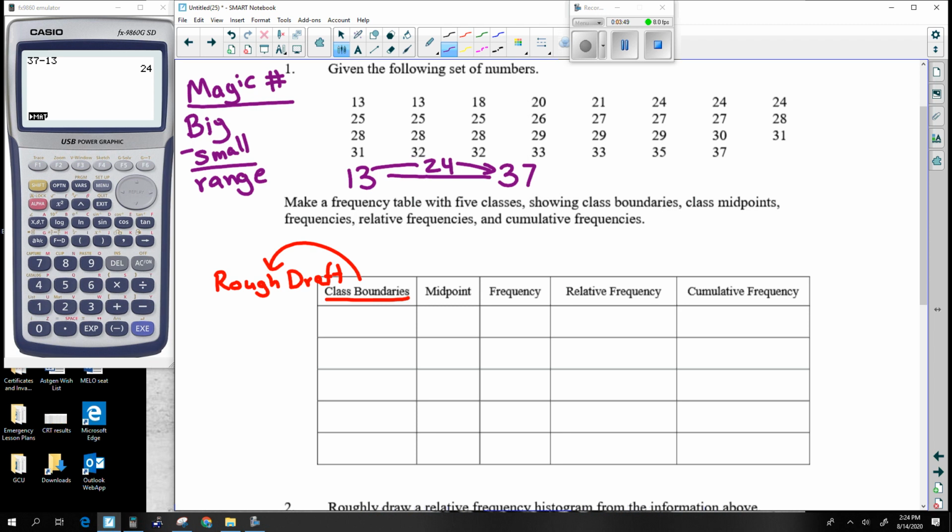What do I do with that range? Well, I divide it by the number of categories that I need to fulfill. And what do I mean by categories? I mean how many rows do I need to satisfy? And so this is where I physically divide by the number 5.